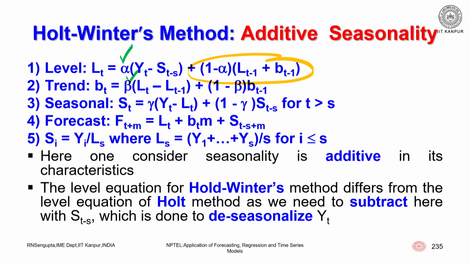The weight 1 minus beta is given to the past trend, one period back, and beta is given to the difference in the level. So for the trend also I want to consider the factors of level and the factors of trend.